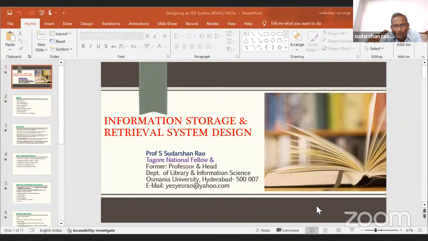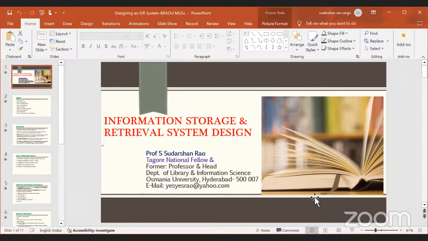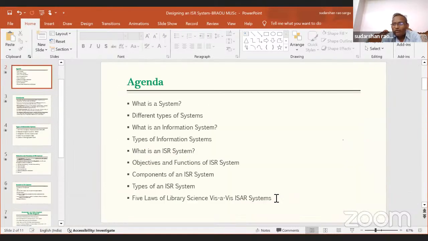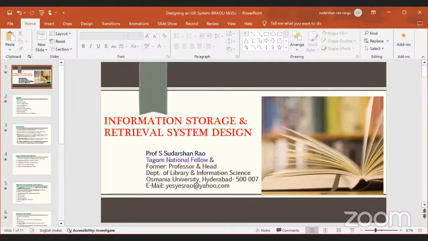The other icons are overloaded on that. Otherwise, you can go to slideshow, sir.